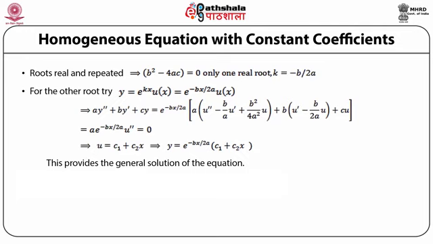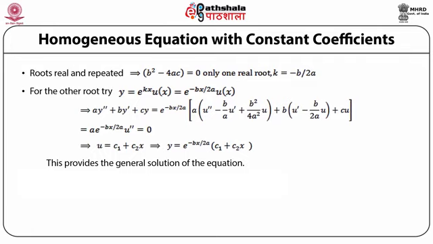Then within the brackets we have a multiplied by u double prime, minus b by a u prime plus b square by 4a square u, plus b multiplied by u prime minus b by 2a of u, plus c times u, brackets close, is equal to a times e raised to power minus bx by 2a multiplied by u double prime is equal to 0.